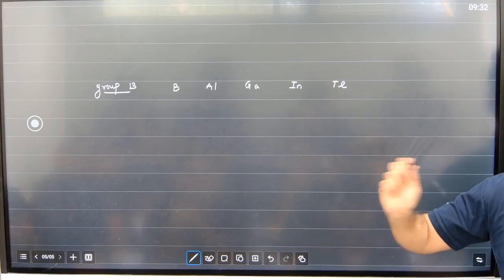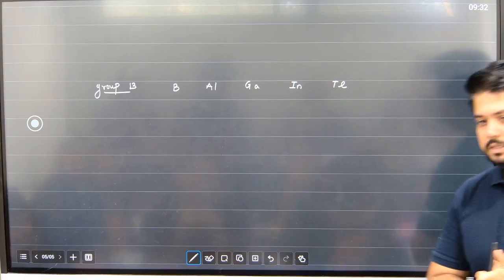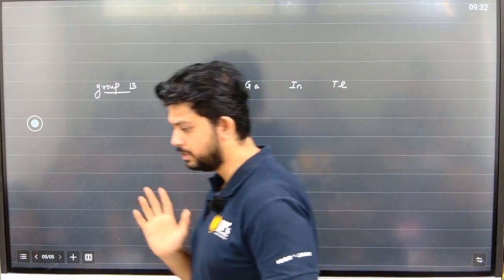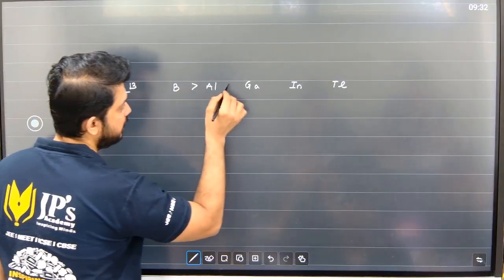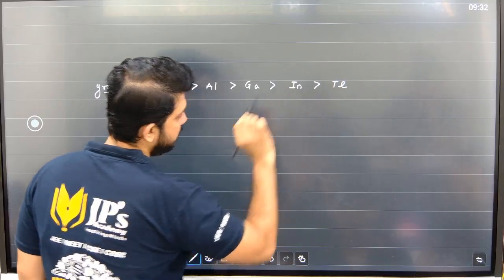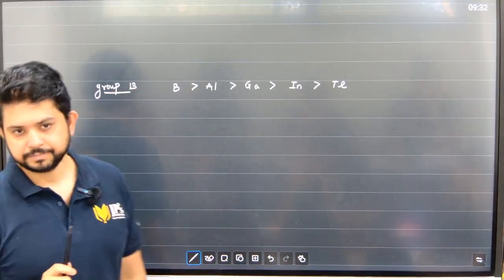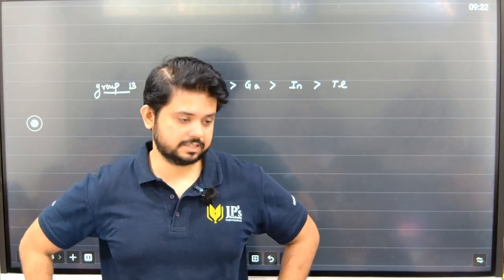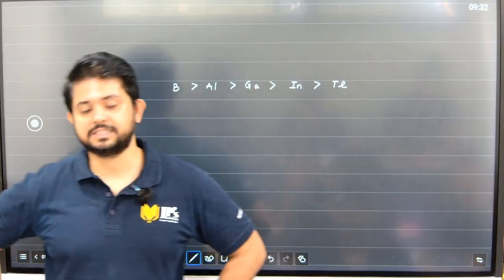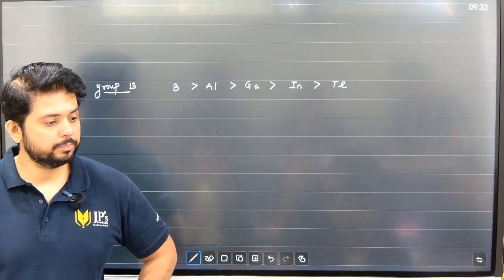Now if I ask the general trend over here, general trend क्या होना चाहिए था? As you go down the group, the ionization enthalpy will decrease. Trend कुछ ऐसे होना चाहिए था. But there is an anomaly. सबसे पहला in radius. What is the trend in radius for group 13 elements?